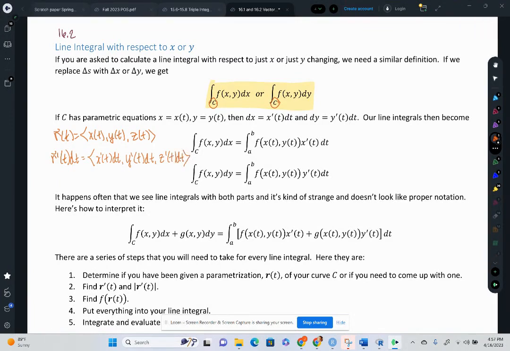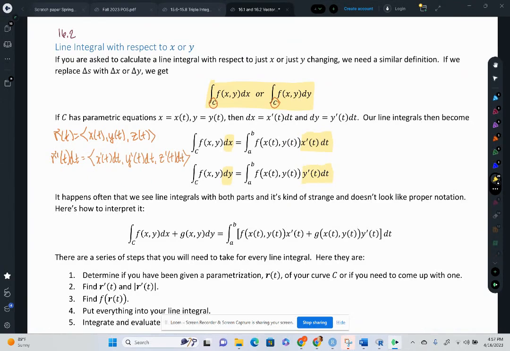And so what that can tell us is that when we're trying to figure out what to replace dx with, we go to the r prime of t dt and we focus on the x component, which is x prime of t dt. Similarly for dy, if I'm trying to replace dy, then I need to go to the y component of my vector function and pull out a y prime of t dt.